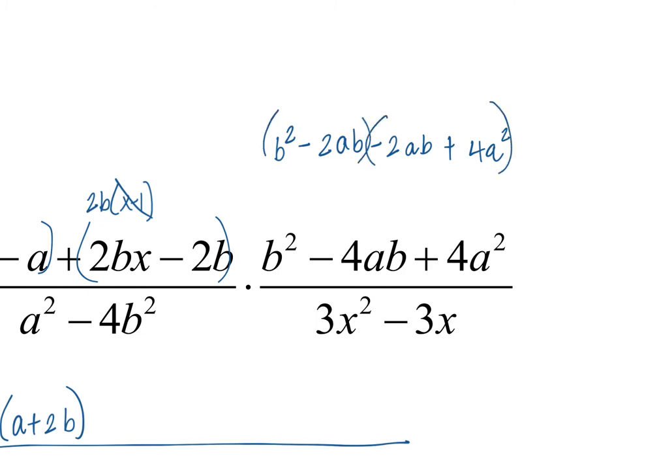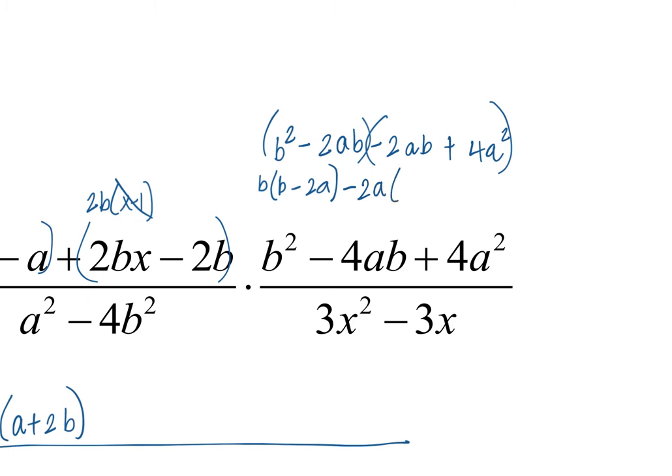Pull out from the front, pull out a b, and be left with b minus 2a. And then from the back binomial, pull out a negative because your leading coefficient is negative, so negative 2. We can pull out a 2. We can also pull out an a.